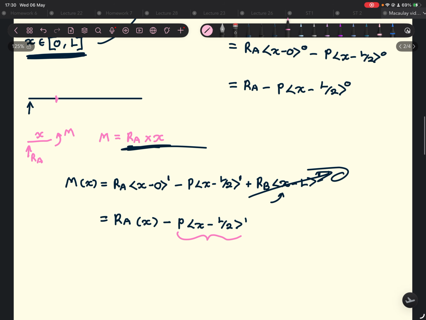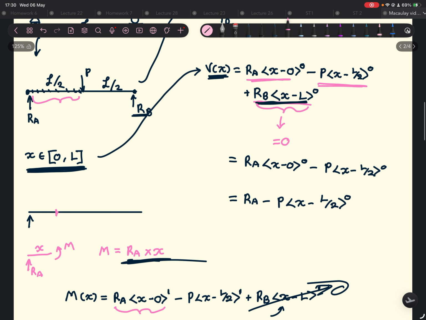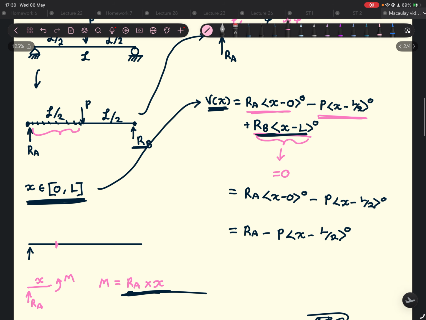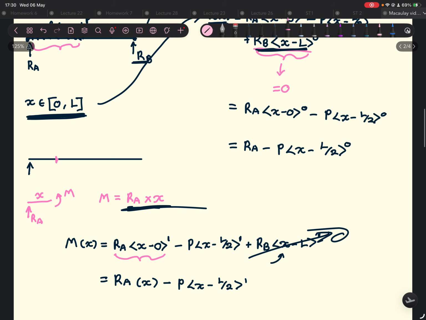So you need the Macaulay brackets to say, okay, P is only going to have an effect after L over 2, right? Whereas this one we could simplify because RA starts at 0, so it starts at the beginning of the beam. RA is going to have an effect from 0 all the way to L, and that's where the beam is defined. Cool. I hope that makes sense.